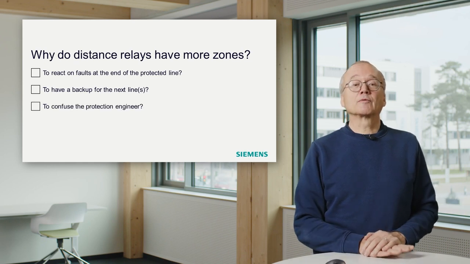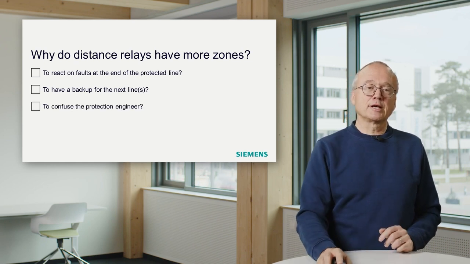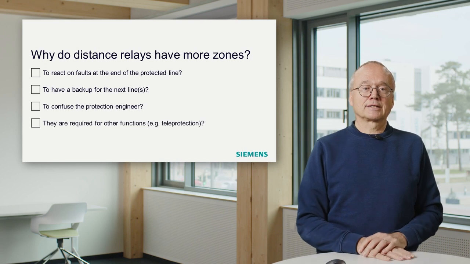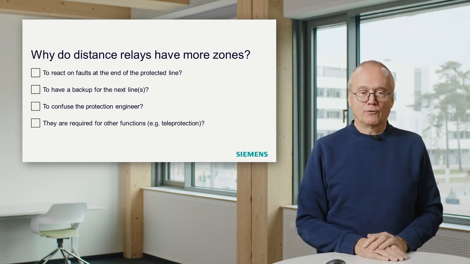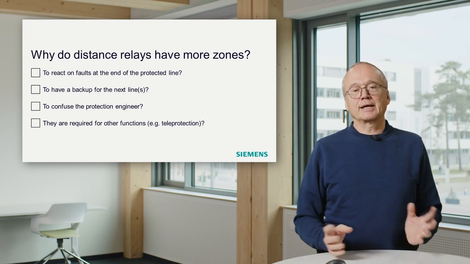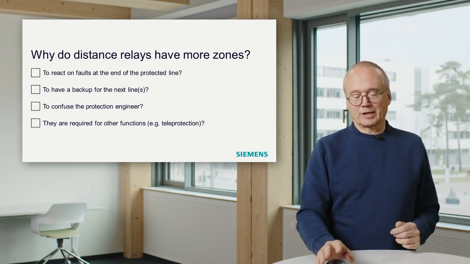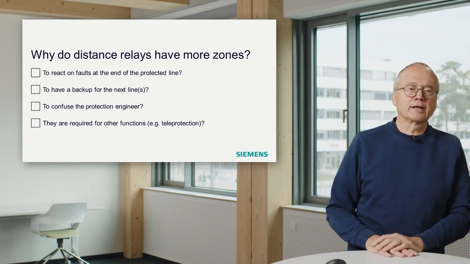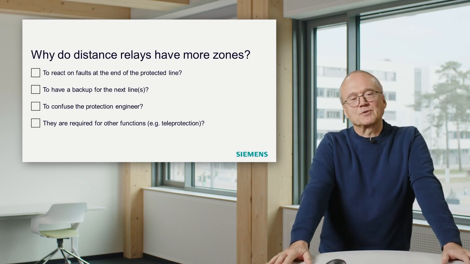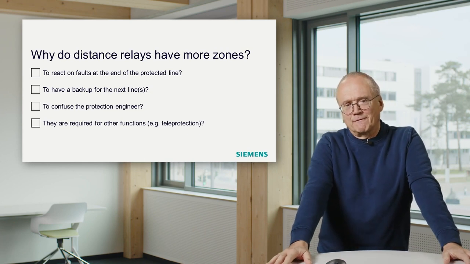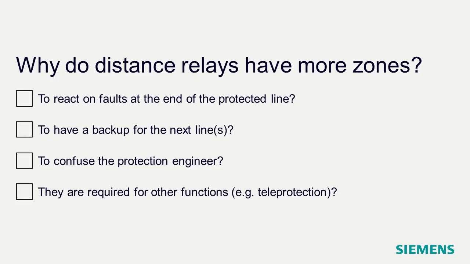The reason could be we want to confuse the protection engineer. Or a last thing, these things are required for other functions like teleprotection, auto reclose and whatever. And you can imagine I have 4 options here. 3 of them are valid and 1 is not valid, but I would also like to say a few words on that.